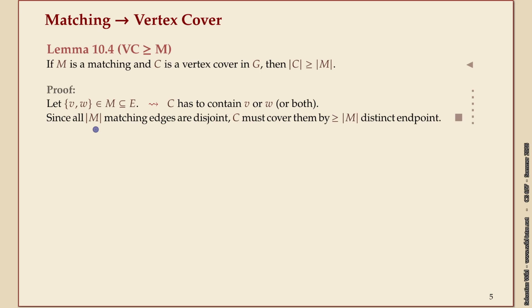So if I'm trying to cover all edges in the graph, I have to cover all the matching edges. And for the endpoints, I know that they're in the matching edges, they're only usable for covering one matching edge. So I need to pick one endpoint per matching edge in any vertex cover. So C must have at least as many vertices as M has edges. Okay, simple.